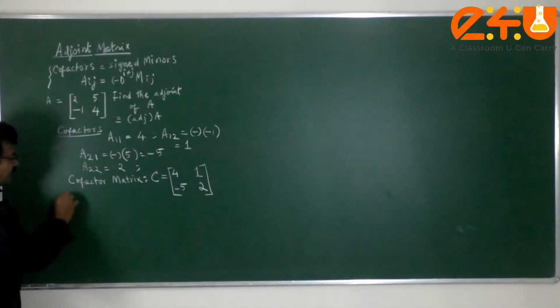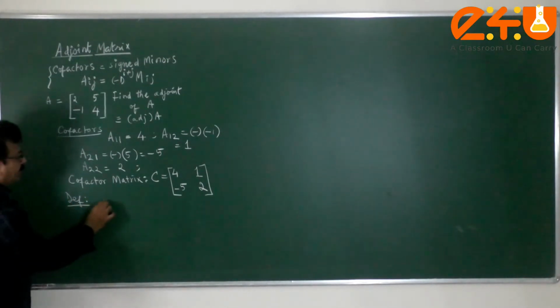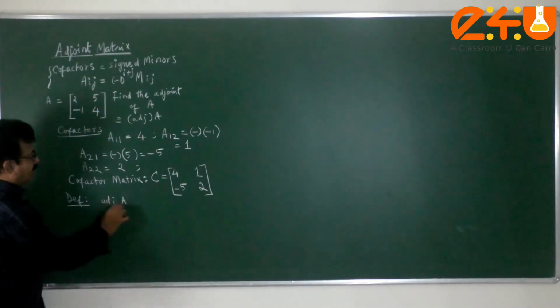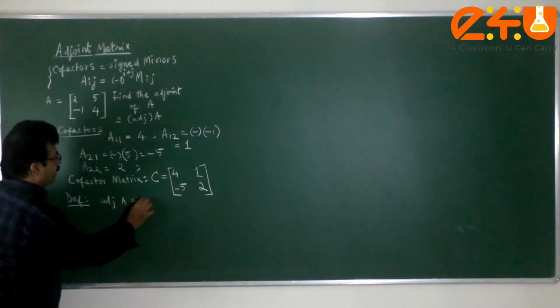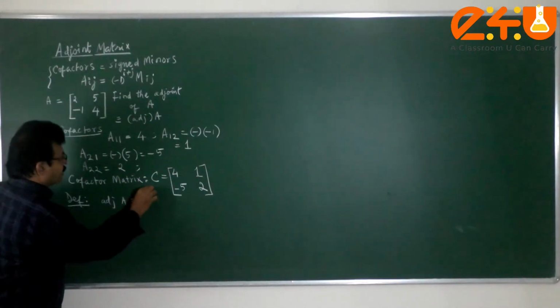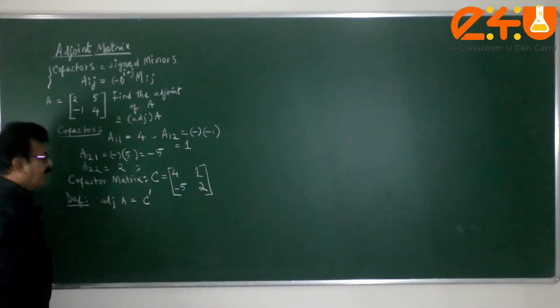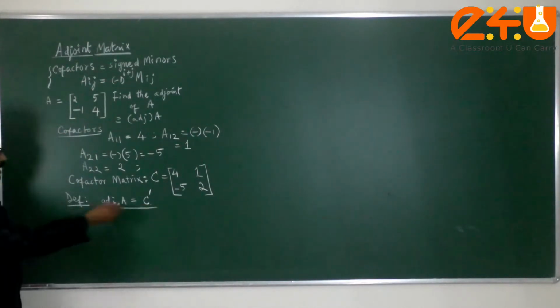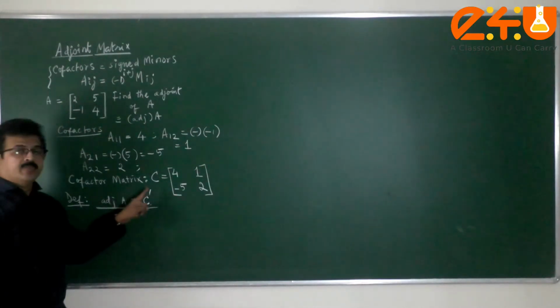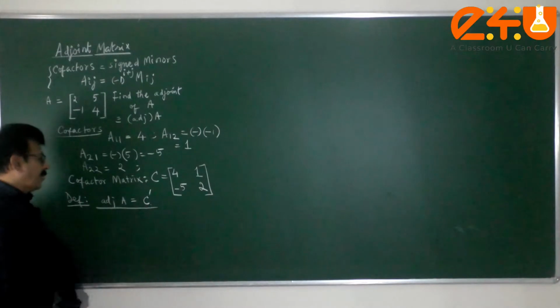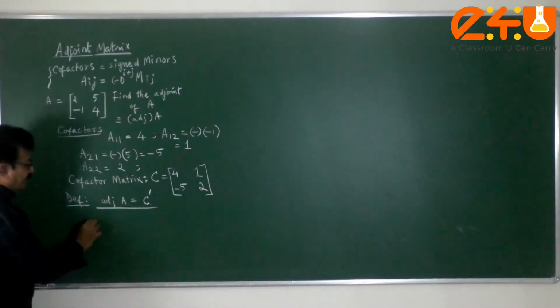So let us define. The adjoint of matrix A is nothing but the cofactor matrix transposed. Let me represent it by the symbol C prime, C dash. So this is the transpose.